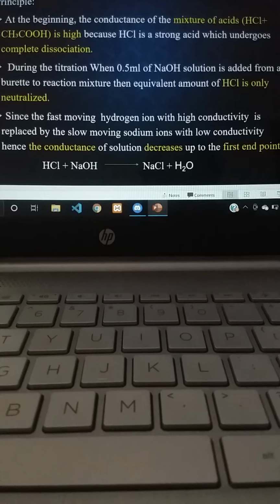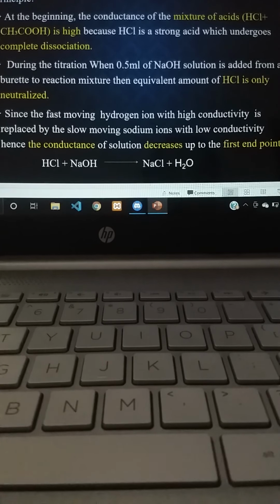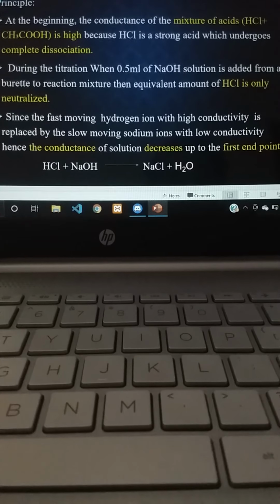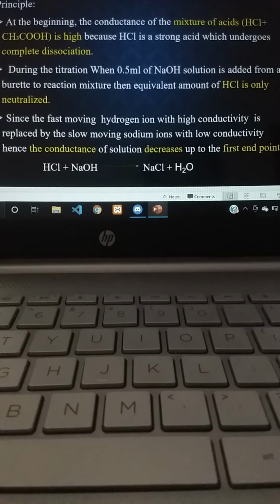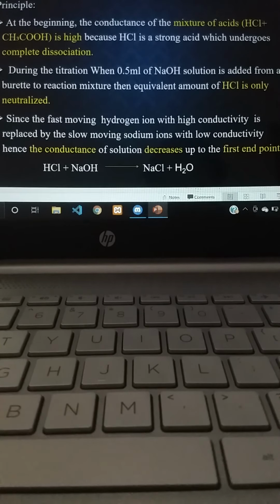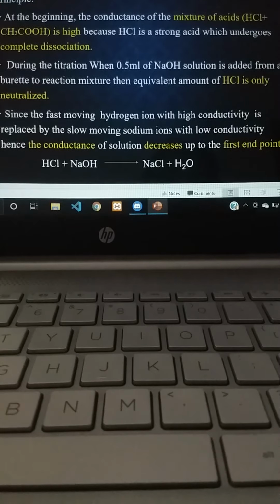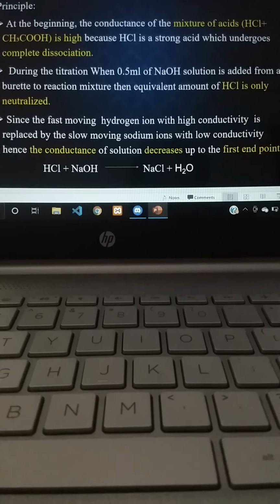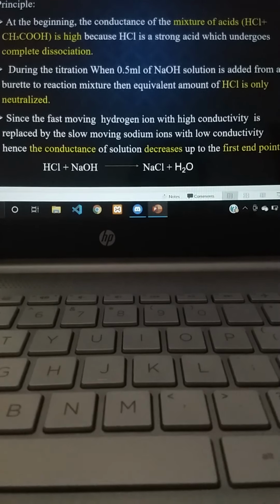The next point is during the titration. When 0.5 ml of sodium hydroxide solution is added to the reaction mixture, it will neutralize hydrochloric acid. Why does it neutralize hydrochloric acid first? Because hydrochloric acid contains hydrogen ions, which exhibit high conductivity, and these are replaced by slow moving sodium ions, which have a low conductivity.